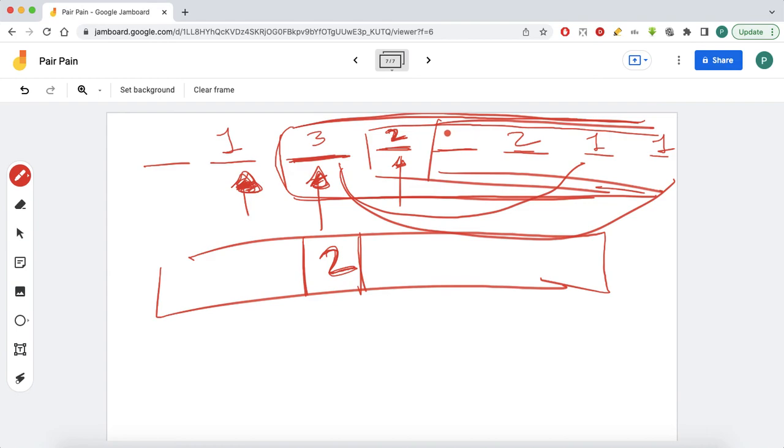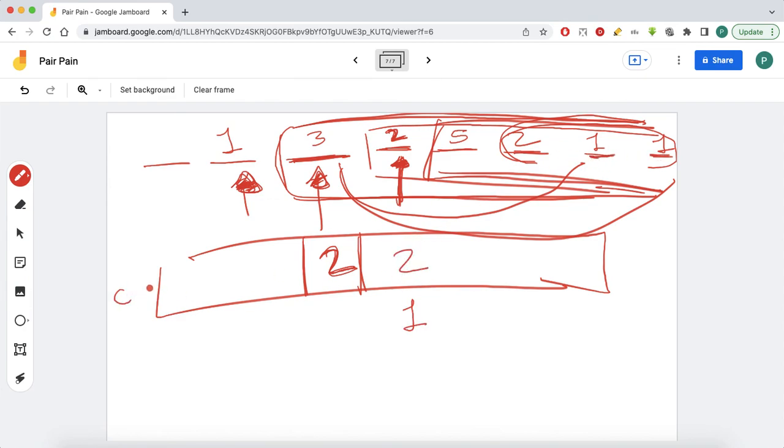Okay, now what we need to do is, we just need to count the number of ones and the number of twos when we are at a position where the element is 2. So for this position the answer would be 3. Let's say here it is 5. So here the number of twos is 1 and the number of ones is 2 basically.